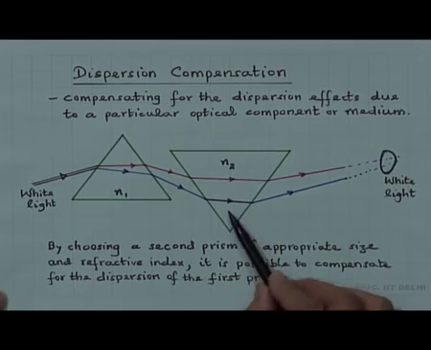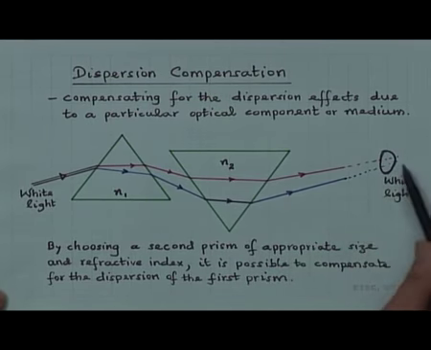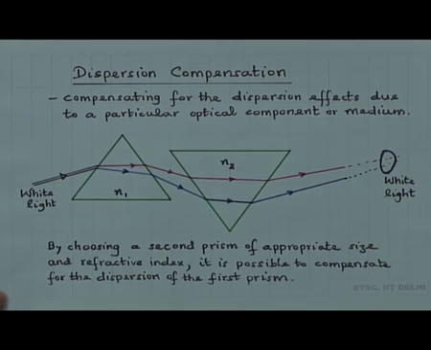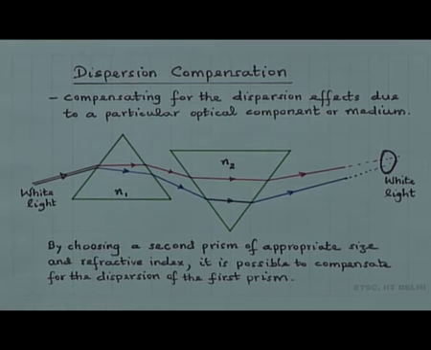Now, the second prism, because it is inverted, combines them so that we get back the white light. So, by choosing a second prism of appropriate size and refractive index, it is possible to compensate for the dispersion of the first prism. So, this is in simple terms what is meant by dispersion compensation.